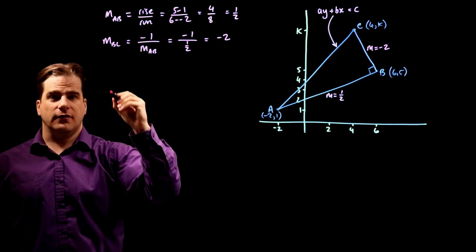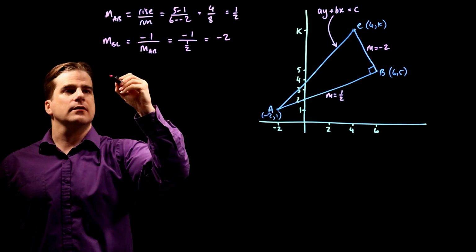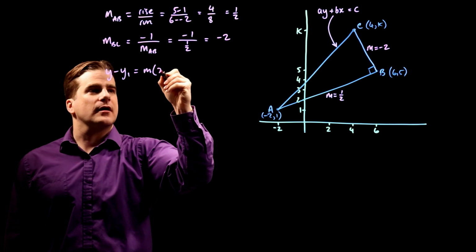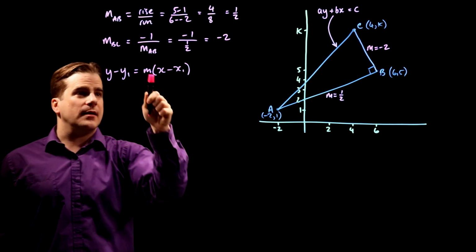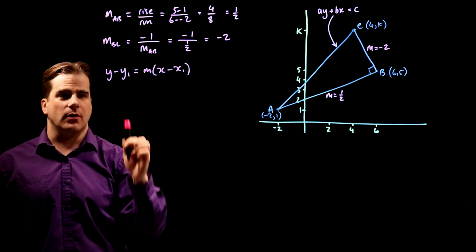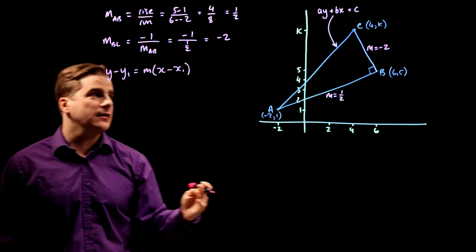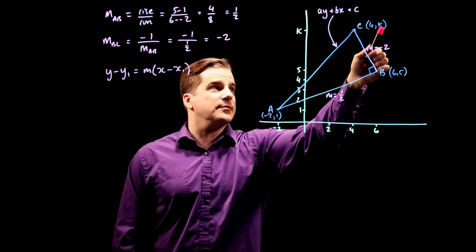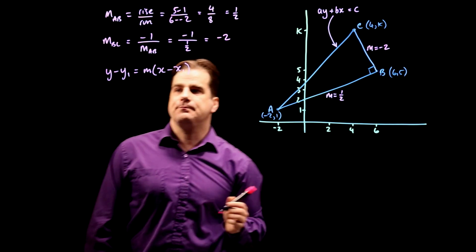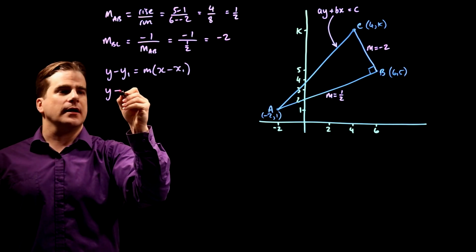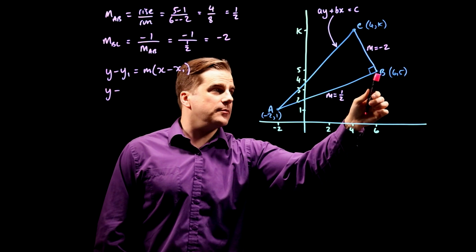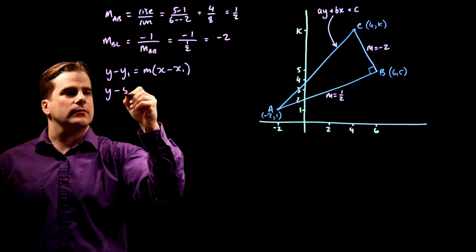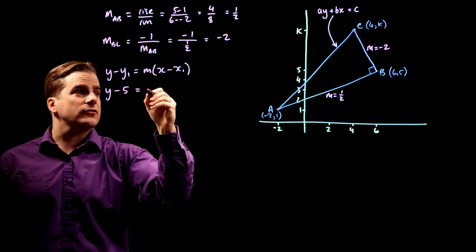We shall use this form of the equation of the straight line. y minus y1 is the gradient, m, times x minus x1, where m is the gradient and (x1, y1) is any point on the line. In this case, we'll have to use (6, 5), because we don't know what that point is. We don't know k. So, y minus y1, we're using the point B. So y1 is 5. y minus 5 is the gradient.